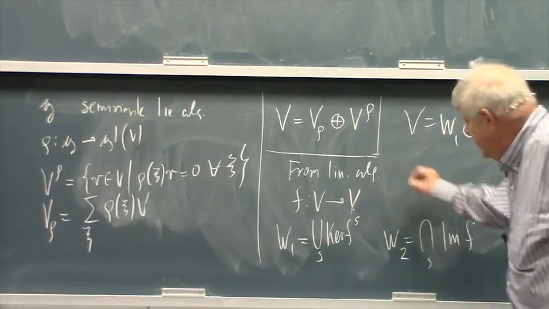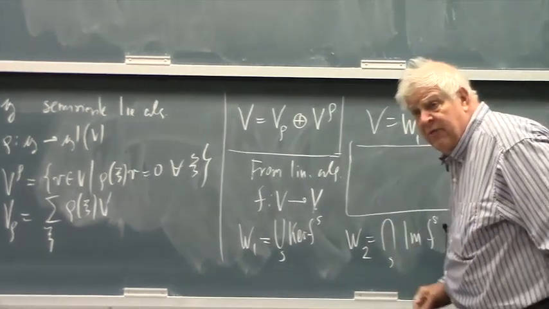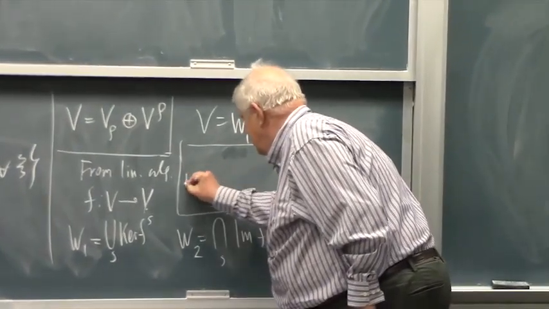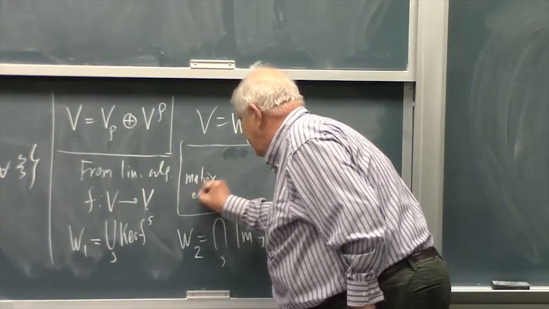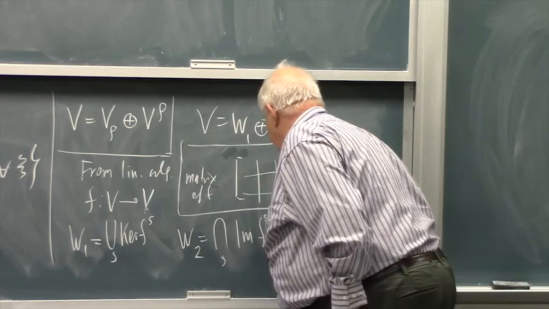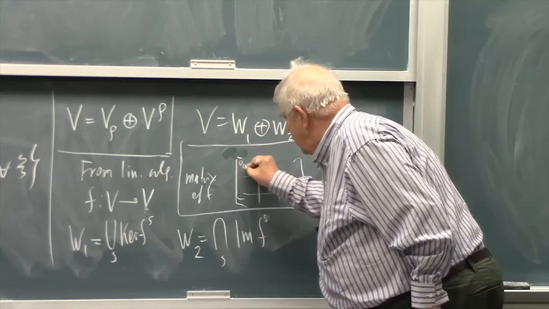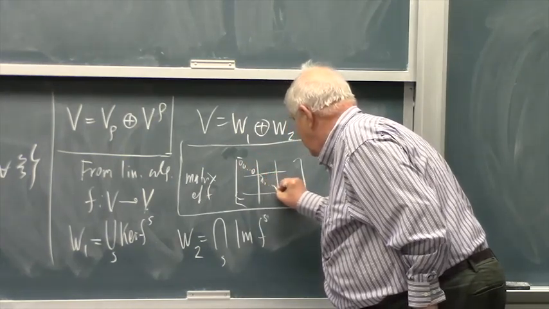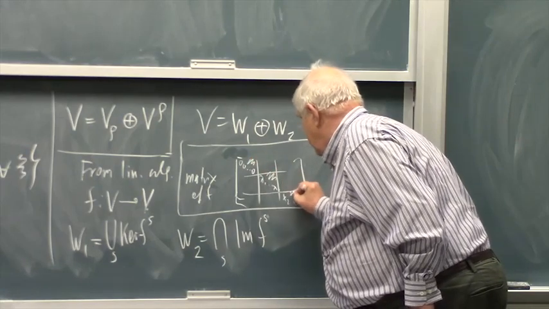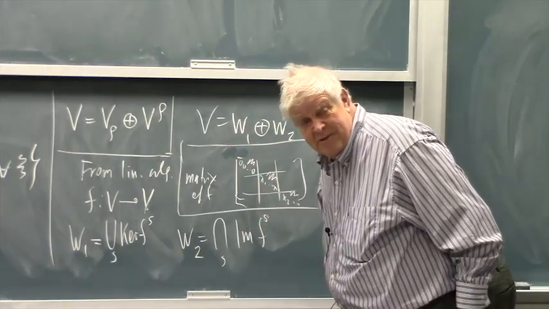V is the direct sum of W1 and W2, and this is sort of obvious, because if I take F and in some basis I write the matrix of F in Jordan normal form, like this, then there is some domain of zeros.